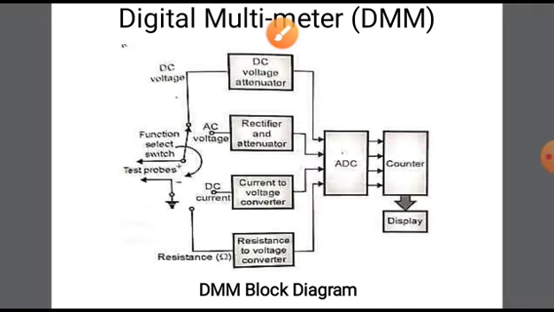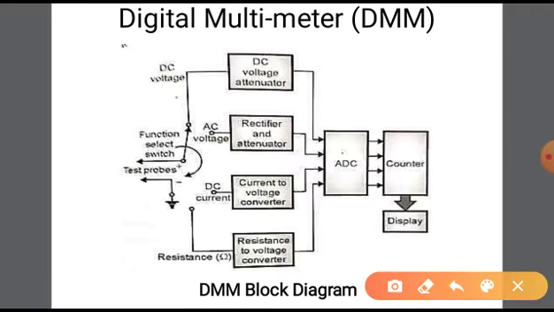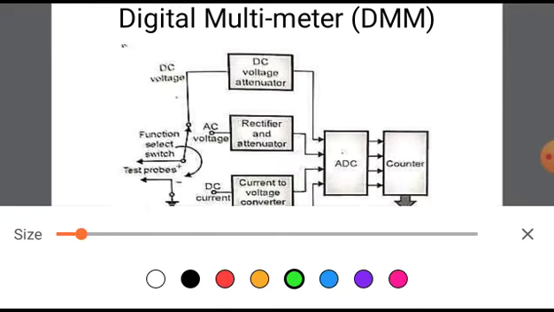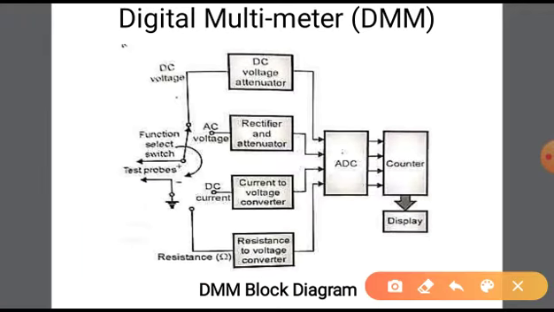The second measurement is the AC voltage. How do we measure the AC voltage? Here you apply this AC waveform to these two terminals, positive and negative, that means 1 and 2. Then my switch goes this way, I select the range, my arrow is on the AC voltage.